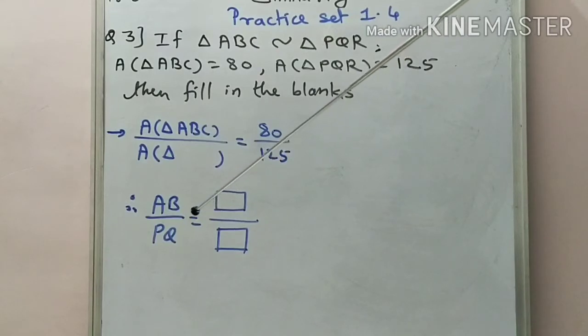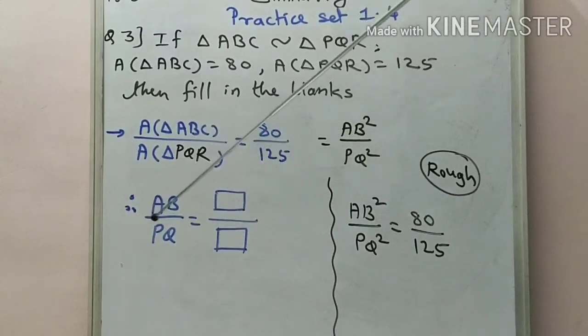So how can you get that ratio? If two triangles are similar, then the ratio of areas of two triangles is equal to the ratio of squares of their corresponding sides. Using that property, now we have to simplify it. So pay attention over here.